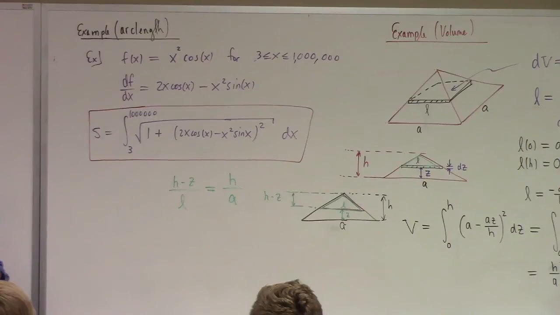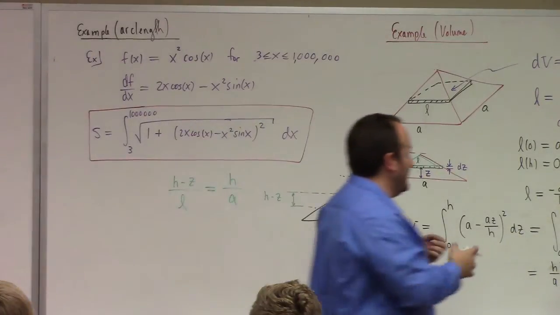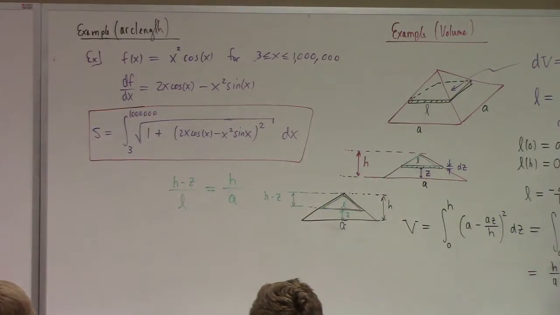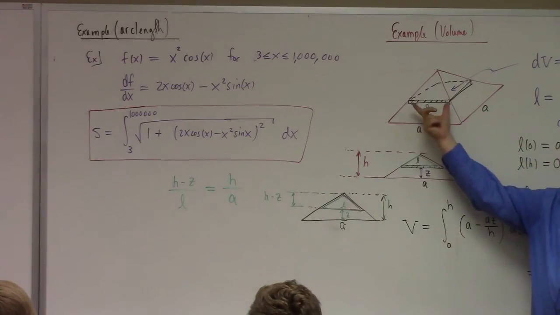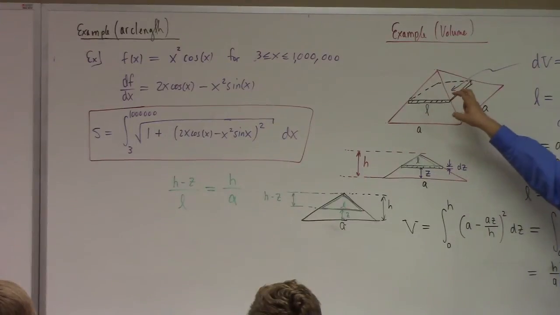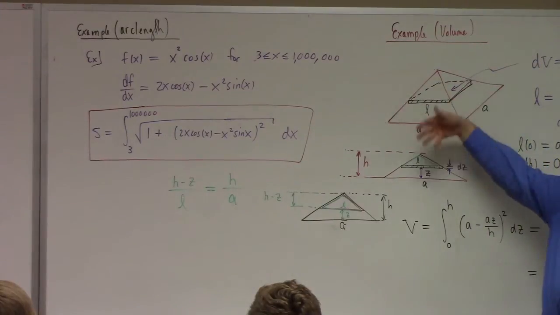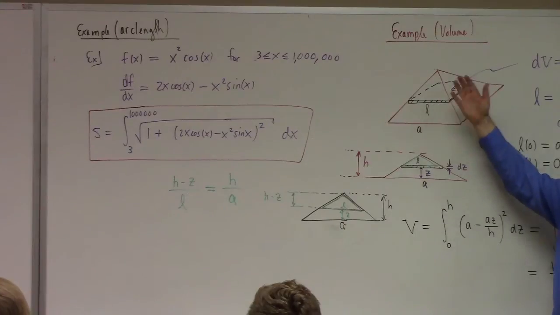I'm not a fan of that because I can't always see the similar triangles when I'm working problems. I'm personally much more successful, no matter my level of sleepiness, doing this. Here is just an observation that the length of the side has to be linearly related to the height off the bottom because it's got flat sides. There's some kind of angle that relates them, which is a constant.